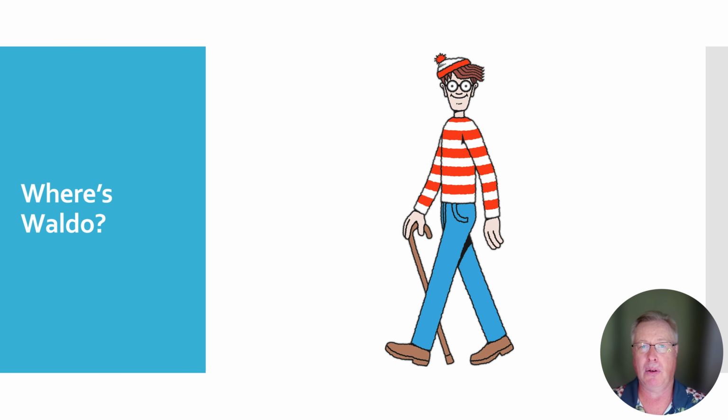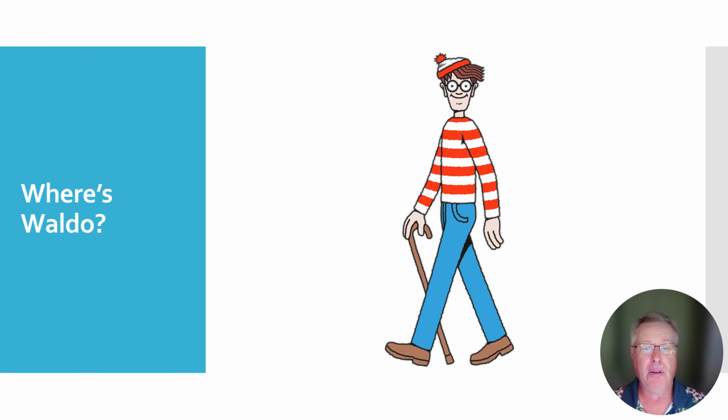So let's put your skills to the test. I have an image of Waldo on Canvas. So go ahead and download that and open it in Photoshop and use the hand and the magnify tool to help you find Waldo.